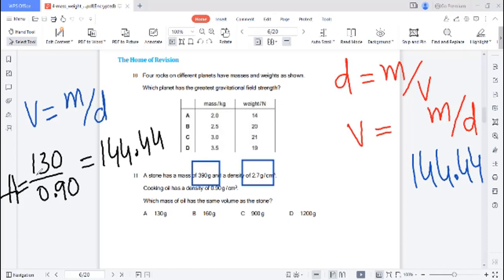For B, let's try with B. 160 divided by 0.9 would be 177.7. Next is 900 divided by 0.9. It gives 1000. And 1200 divided by 0.9 is 1333. This one is 144. So option A is the correct, required option.